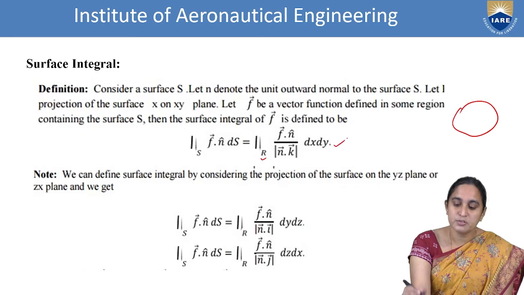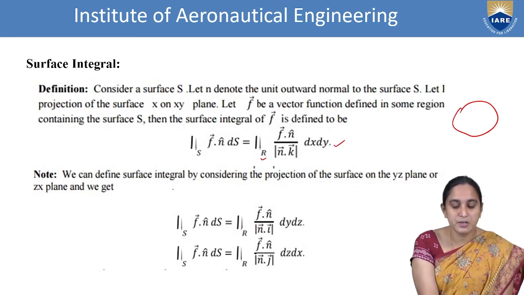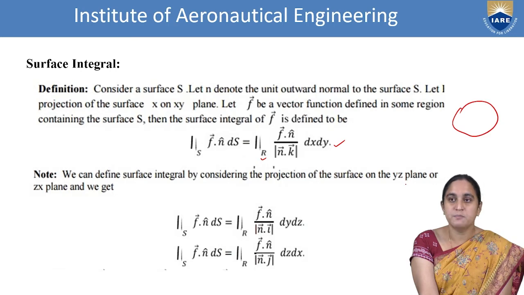This is the projection on the xy plane formula. Next, we can define the surface integral by considering the projection of the surface on the yz plane or zx plane.